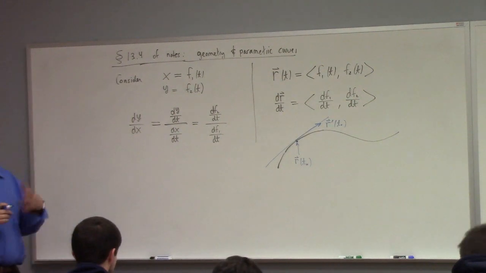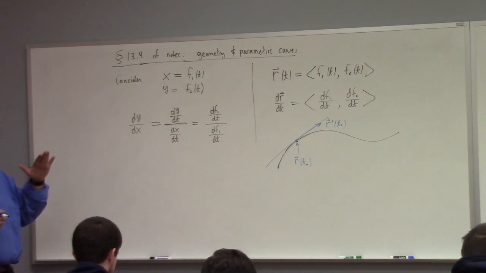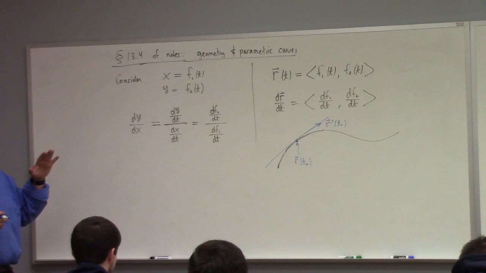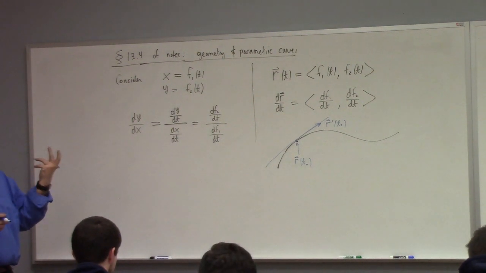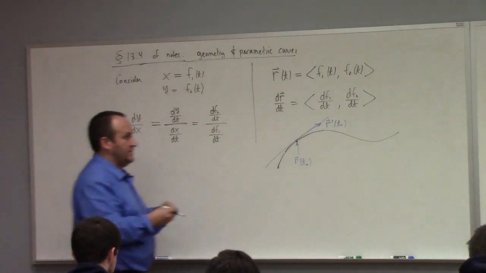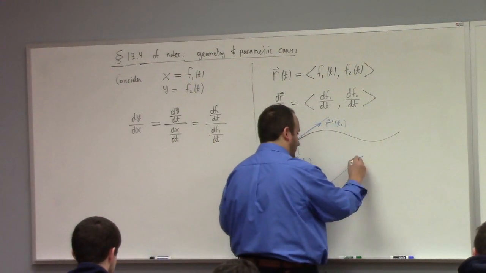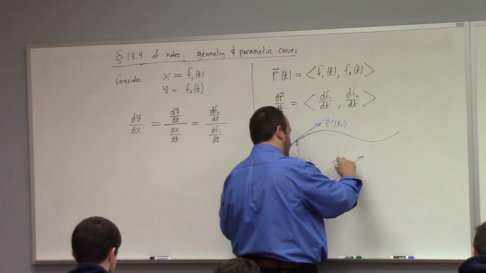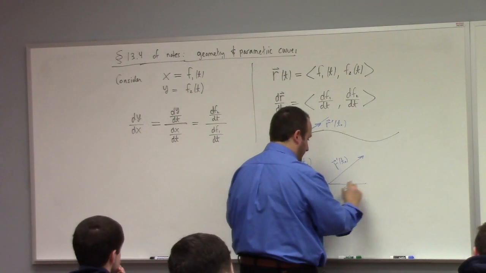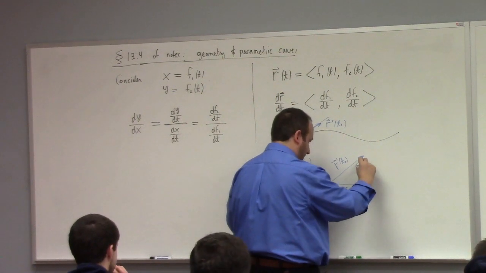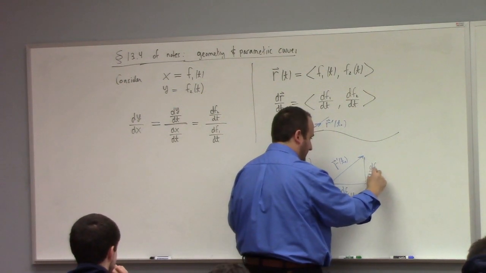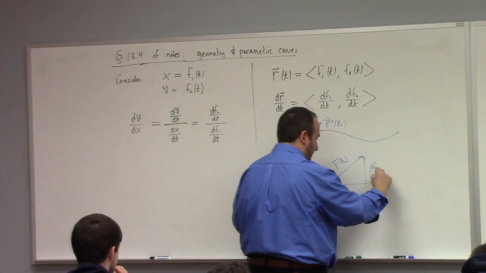So what's the slope of that line? It should be the ratio of the y component and the x component of that velocity vector, right? So if you look at it, this is r prime of t naught. But what is this? Well, this is df1 dt at t naught, and the length of this over here would be df2 dt at t naught, right?